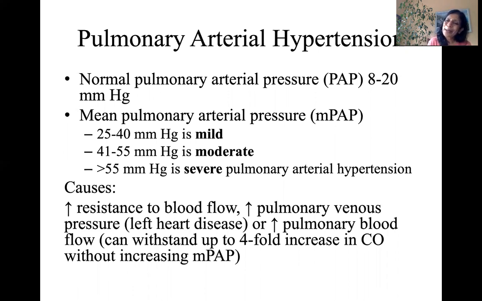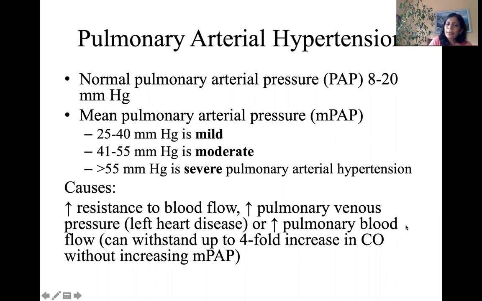And think about it like this: pressure in the lungs could be greater because of left side heart disease, where blood backs up into the pulmonary veins, and that causes a pulmonary congestion, and then that could cause pulmonary arterial hypertension.